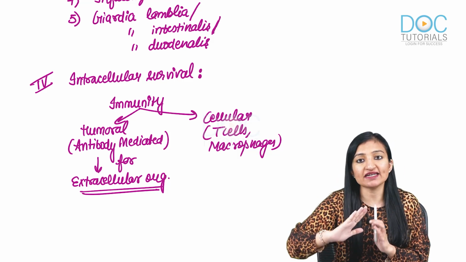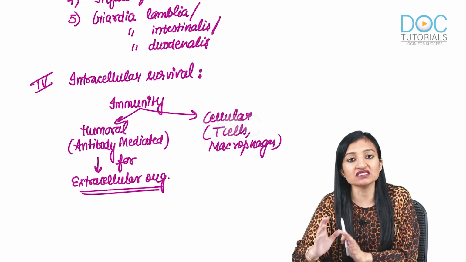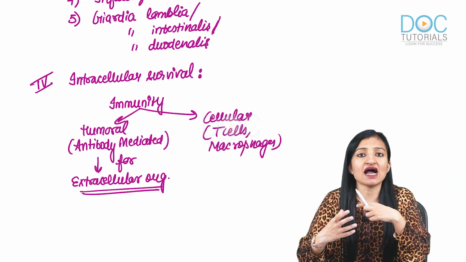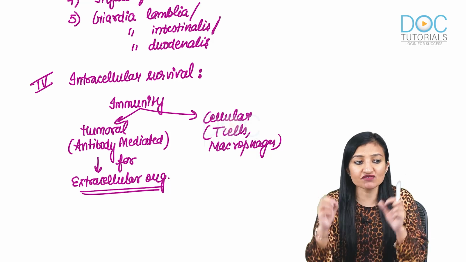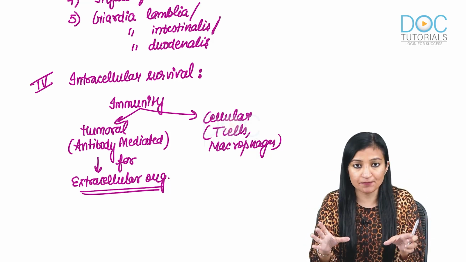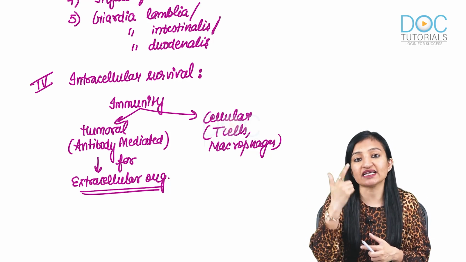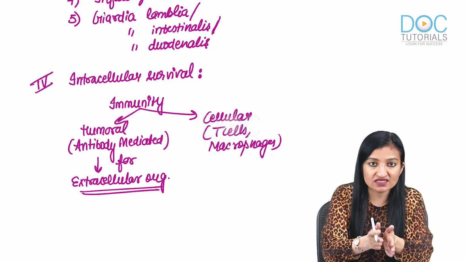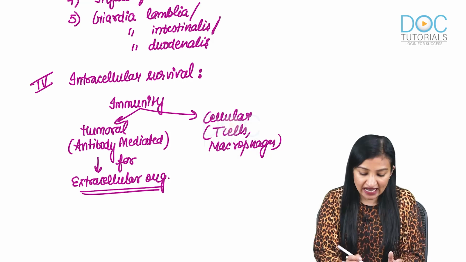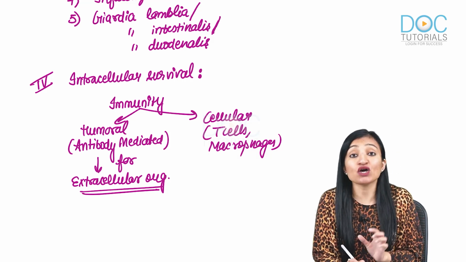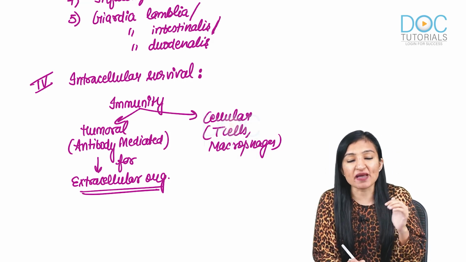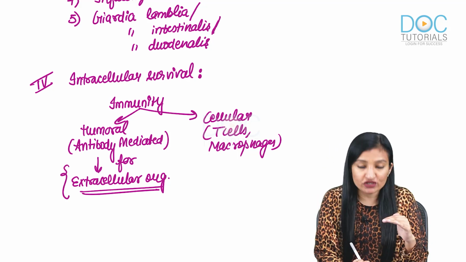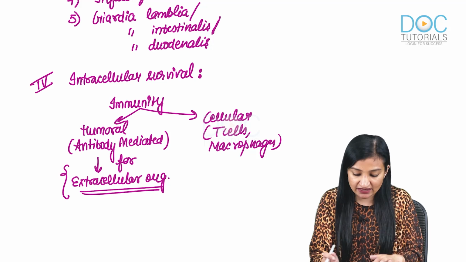These organisms are not directly harming the cells, but they are throwing bombs or grenades in the form of toxins, enzymes and other virulence factors which then attack the host cell. But the good thing about these extracellular organisms is they do not penetrate the host cell, so they can be easily targeted by antibodies, because even antibodies are not going to penetrate inside the cells. They are going to take care of these extracellular organisms which also stay outside the cells.